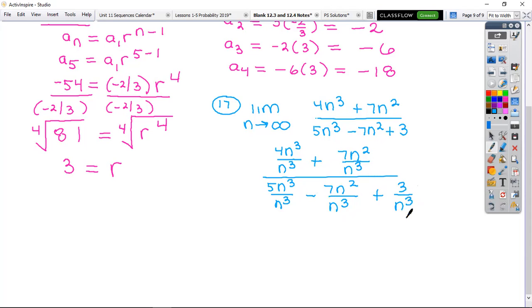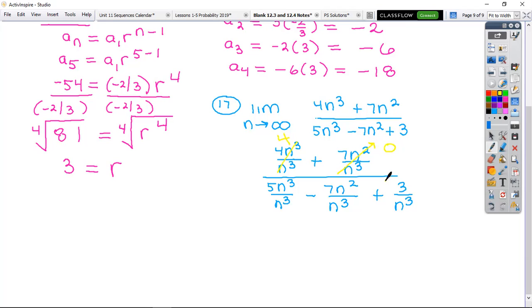Okay, so my first expression, I can just cancel the n cubes, and that just leaves me with a 4. Just trying to do it neat so you can see it. The next one, so bigger on bottom, and what you want to think about is plugging in n as a very, very large number. So 7 divided by a very, very large number is so small and insignificant, we say that it approaches 0.